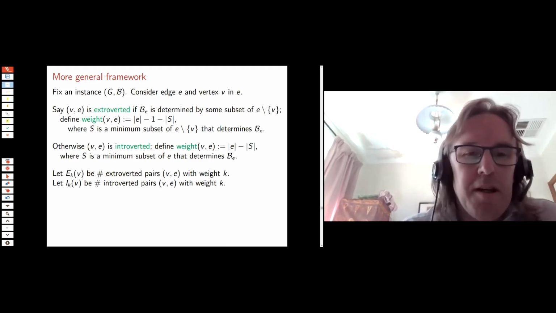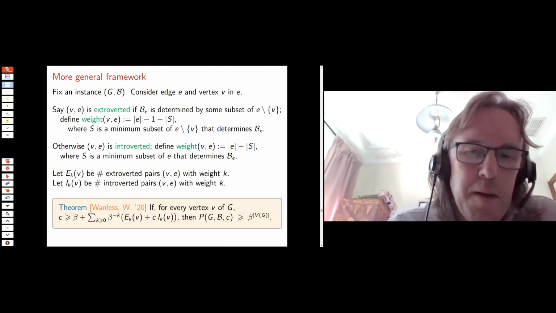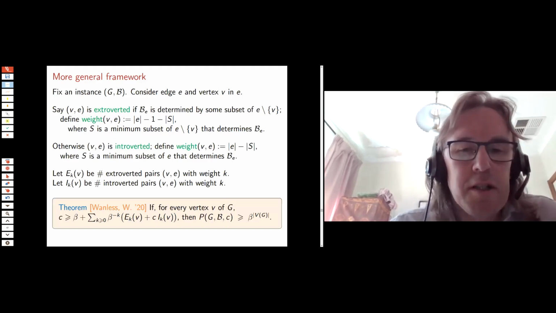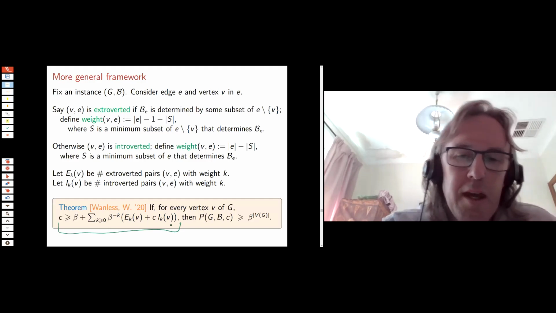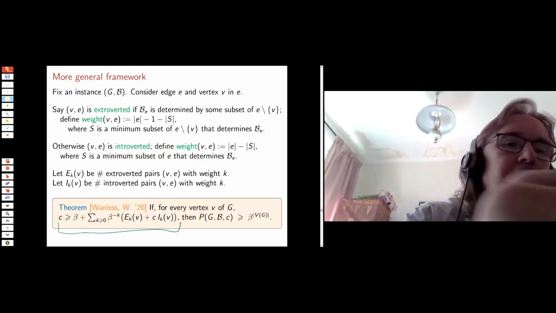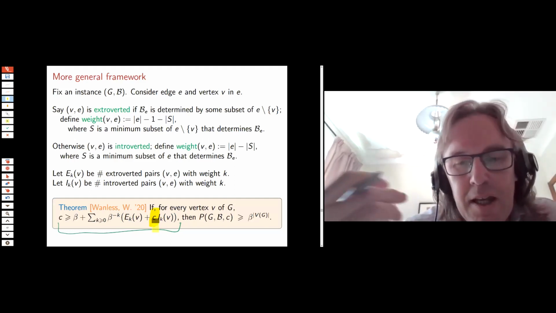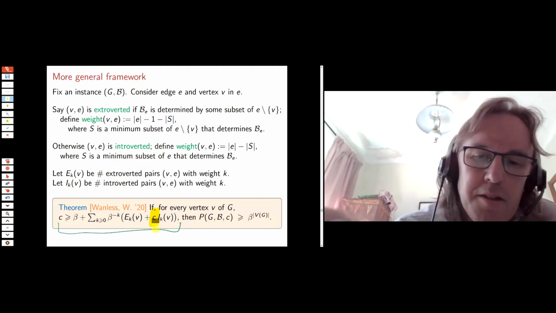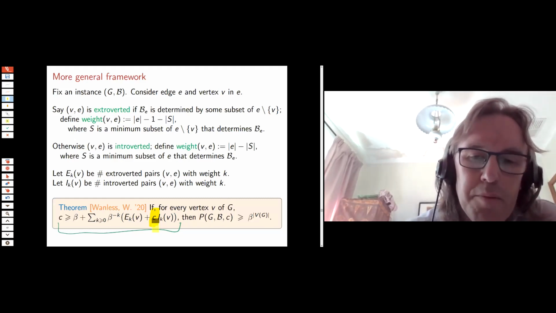And now we define weight and we count the number of pairs that contain a given vertex of a given weight. And this is now the new, more general equation. And the proof is really exactly the same as before. The key difference is that you have this C term here, which comes from the fact that that vertex V has got C choices for its color, and you can't really predict them.